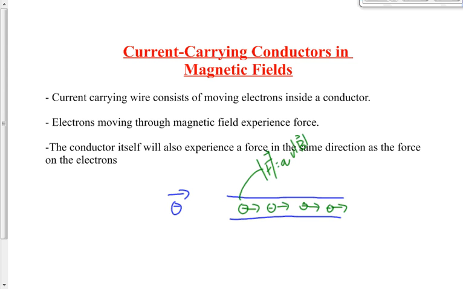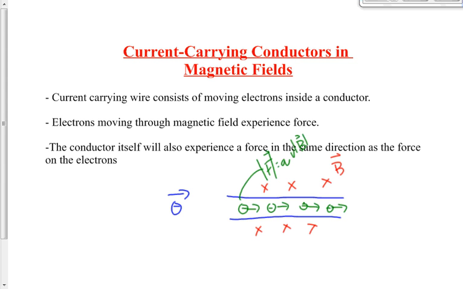But this time, they can't move in a circle because they're inside the wire. So what do they do? Instead of moving individually perpendicular to this magnetic field, they drag the wire with them. Let's say we have this magnetic field that's into the page.